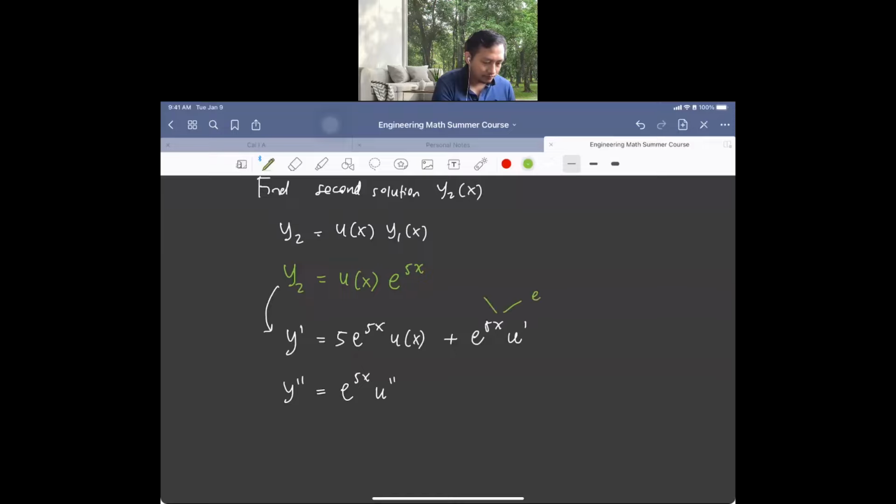So this I will write, and this will be. So we will have plus 10 e^(5x) u prime plus 25 e^(5x) u. Right?